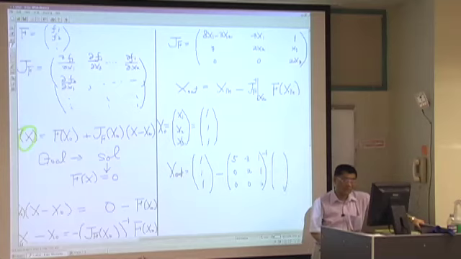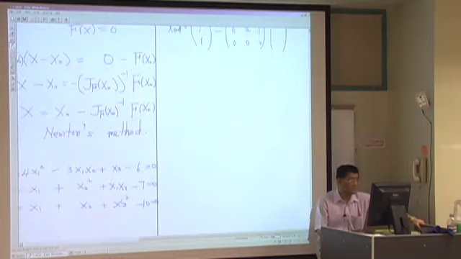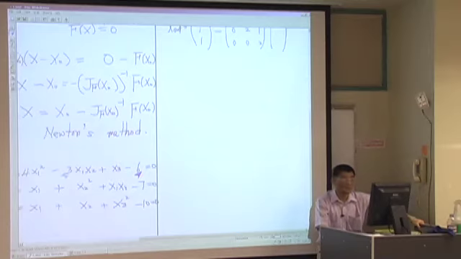So let's plug in 1, 1, 1 into f. So 1 replaces x1, 1 replaces x2, 1 replaces x3. So 4 minus 3 plus 1 minus 6. So what is the total? Negative 4, right? Negative 4.